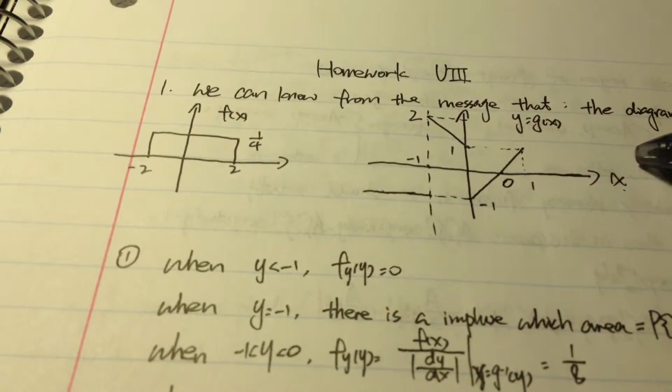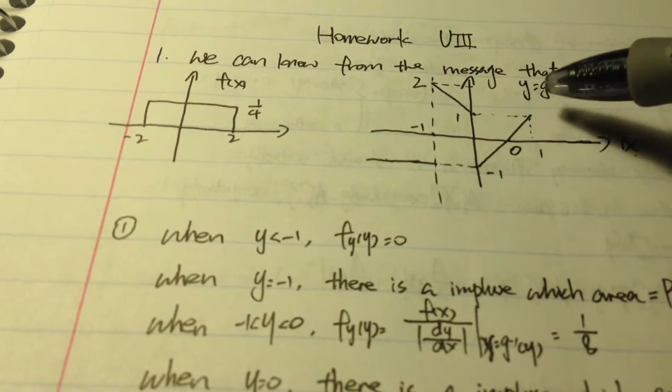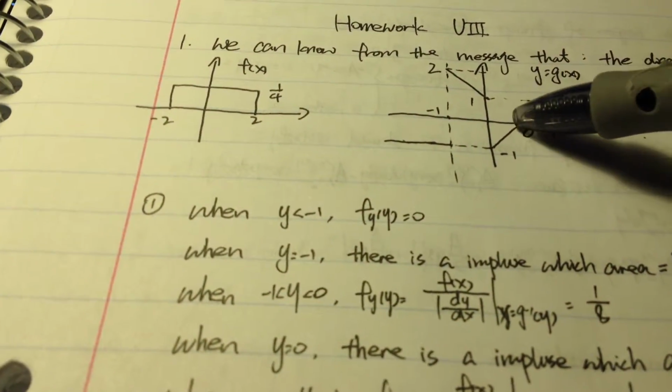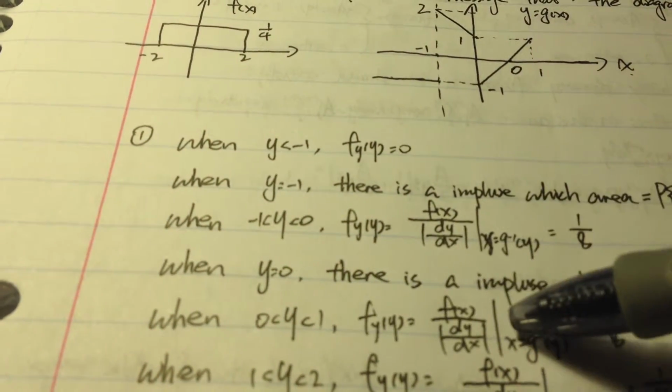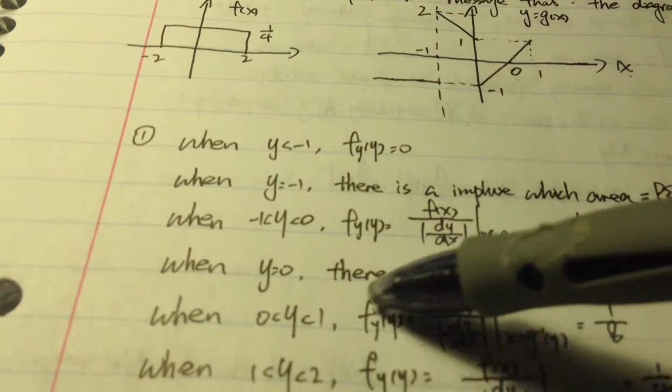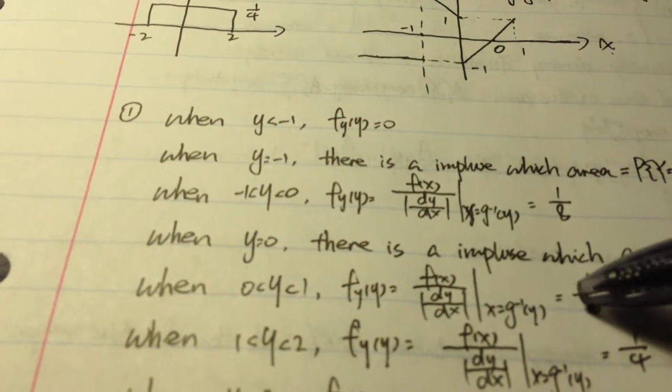And when y is greater than 0 and less than 1, it's a continuous function, so we use a formula to calculate the density function of y, which equals 1 over 8.